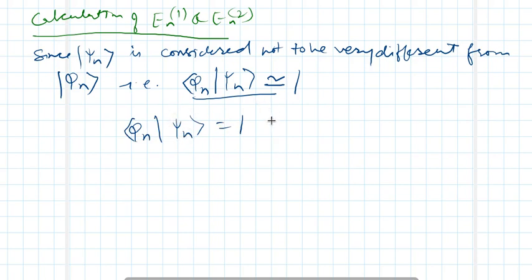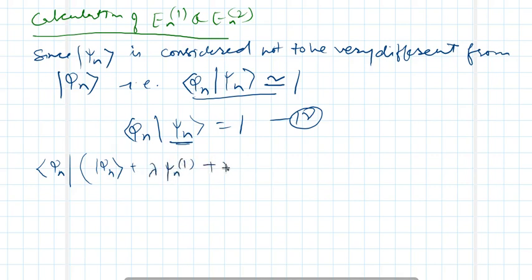This is equation number 12. So if I put the value of psi n, then how can things be written? This is phi n, and here it is phi n plus lambda psi n1 plus lambda square psi n2, and so on.